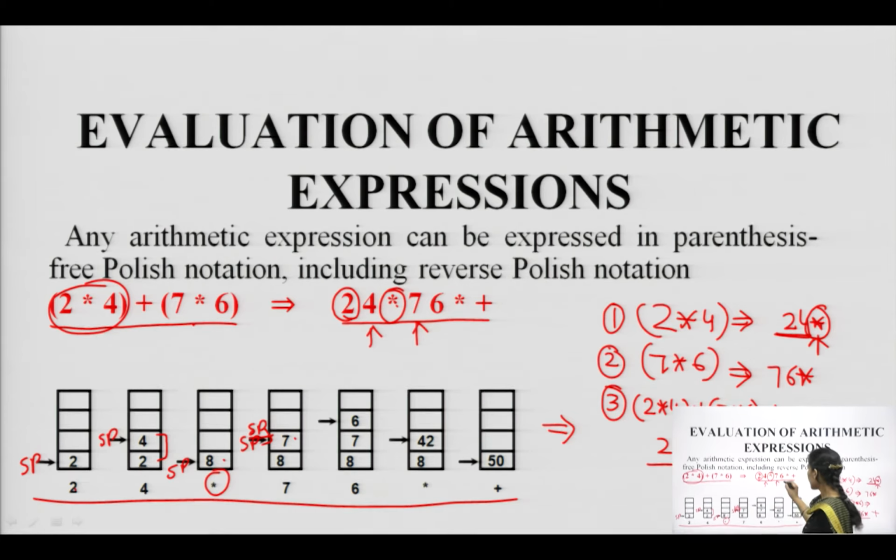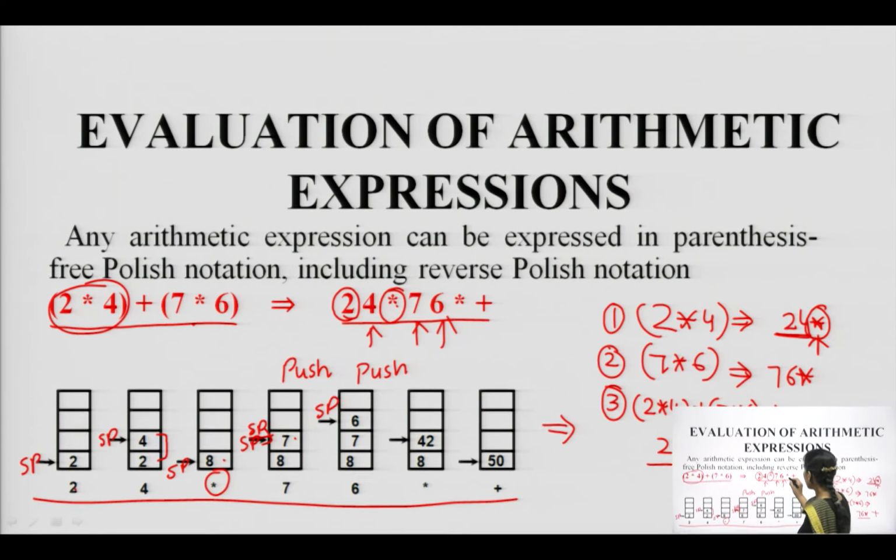Then the next element I have found is 6. Again a push operation, 6 is being pushed, the value of SP becomes 3, and M of SP is my 6.